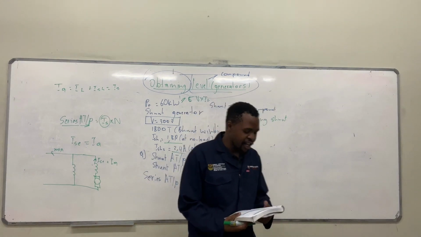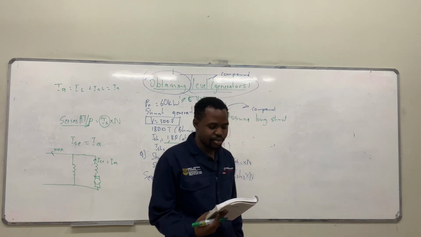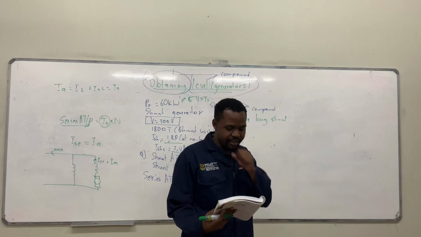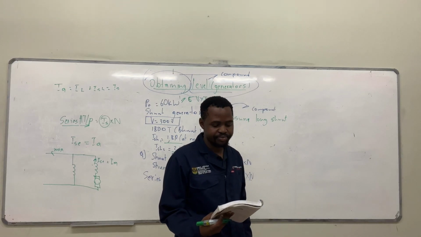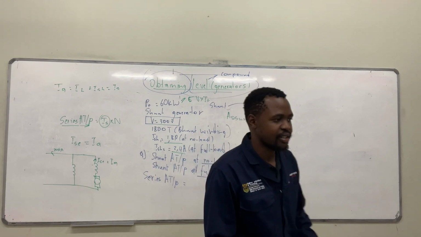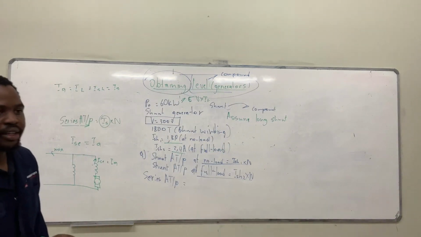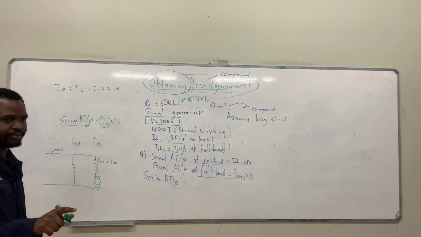Let us read it. You will notice that the shunt current is 4 amps, which was the current during what? Okay. There's a typing error in the textbook.